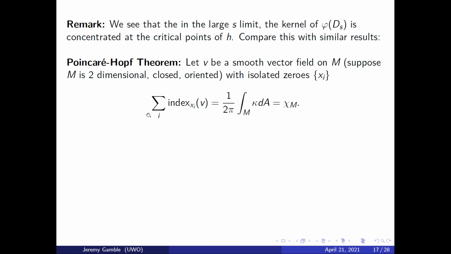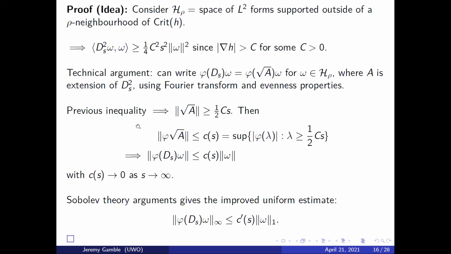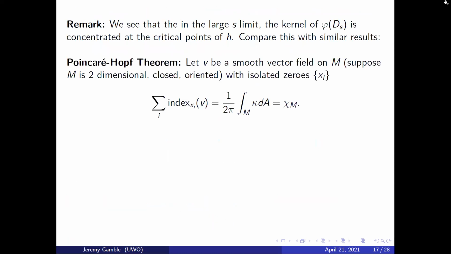So you're computing this integral by a finite sum, which is exactly what we're doing for this kernel. In the end, we'll see that as s goes to infinity, the trace of this phi s guy will be given by just a finite sum.